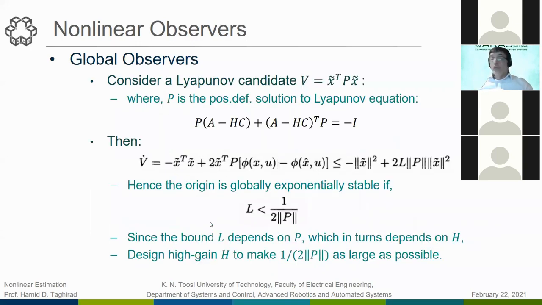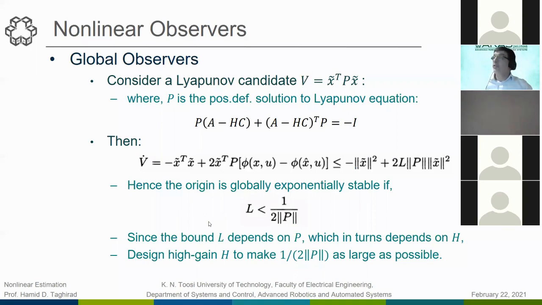Now, to approach that, we don't have any rigorous way other than a Lyapunov function. So we consider Lyapunov candidate V is equal to x tilde transpose P x tilde as before. And the P, of course, we find it from a Lyapunov equation solution as we see here. The same old analysis as the extended Kalman filter or the LQE design that we have.